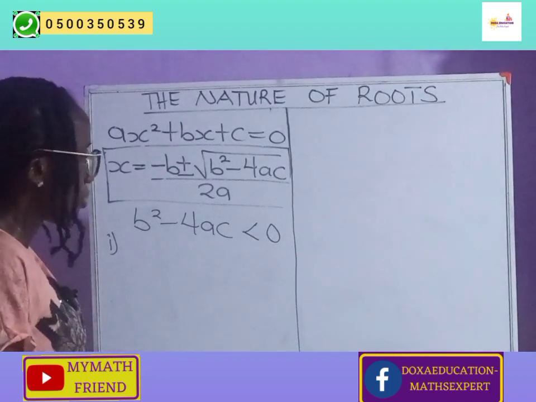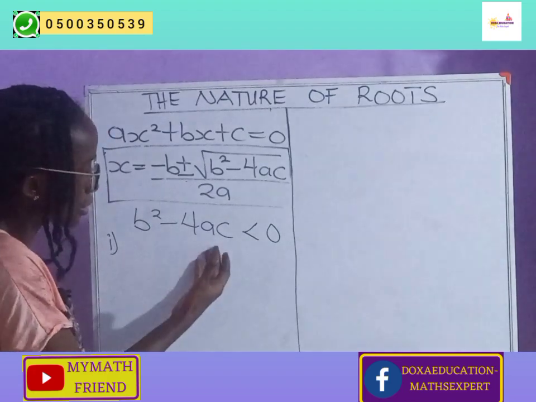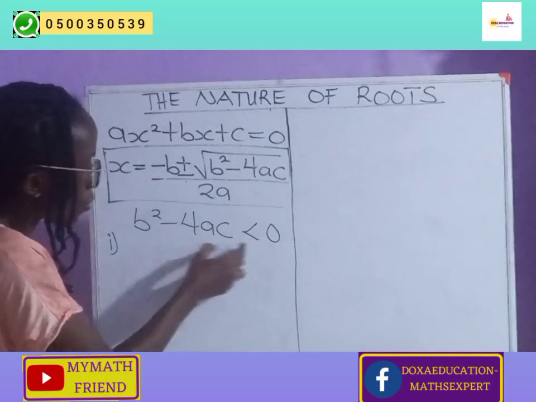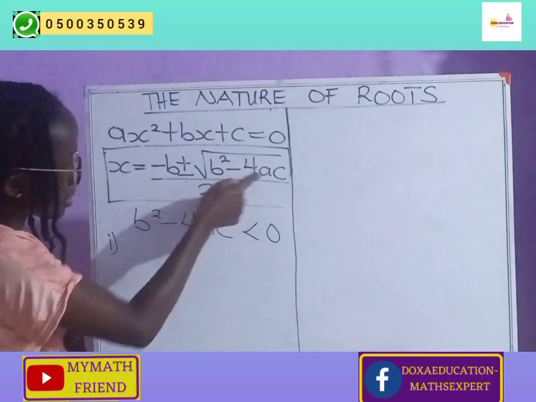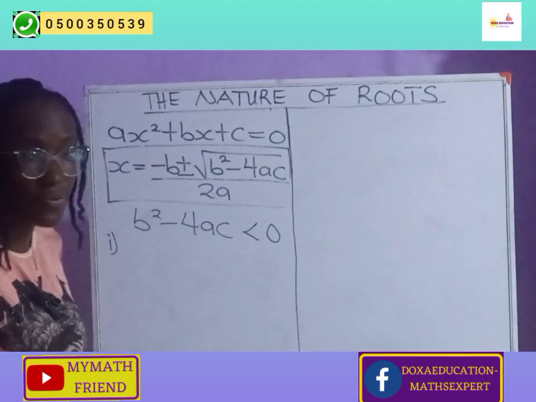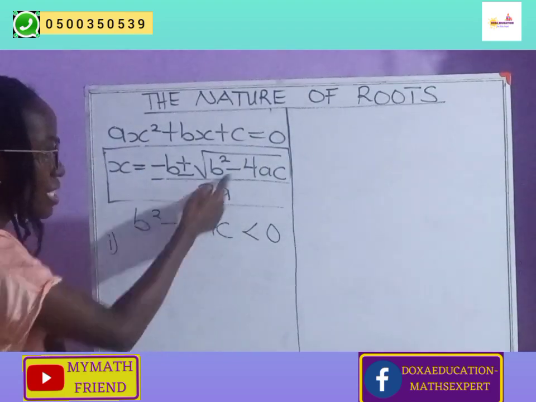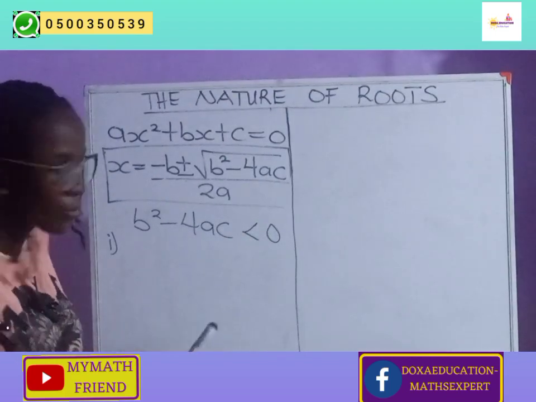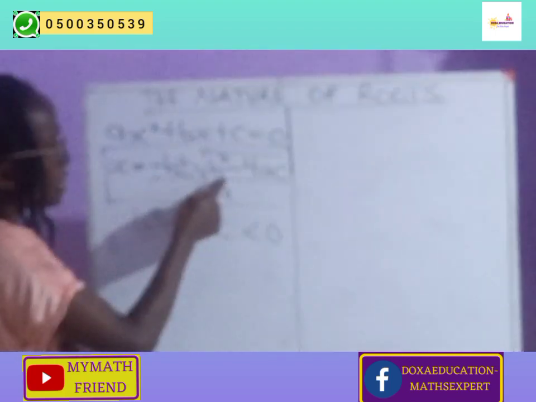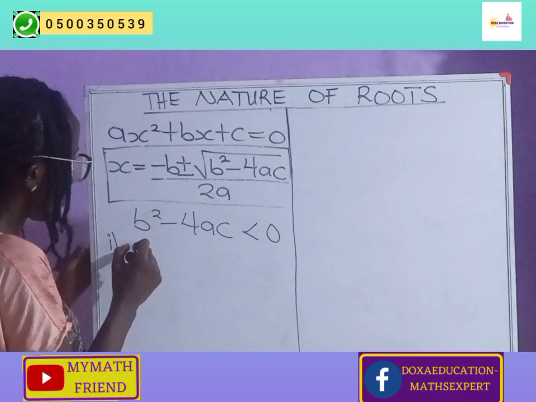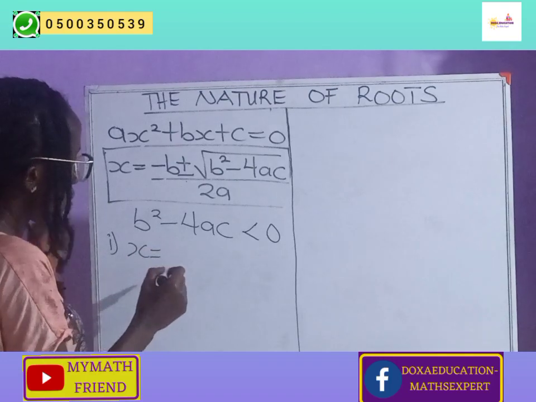So if your constant answer is less than 0, what does it mean? You substitute your answer, which is less than 0, inside the square root over here. You have a square root of a negative number. Since it's less than 0, it's negative, and we don't have a square root of a negative number.